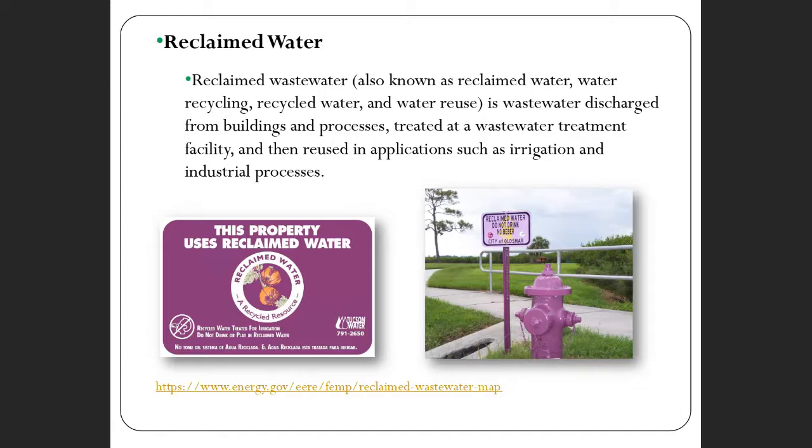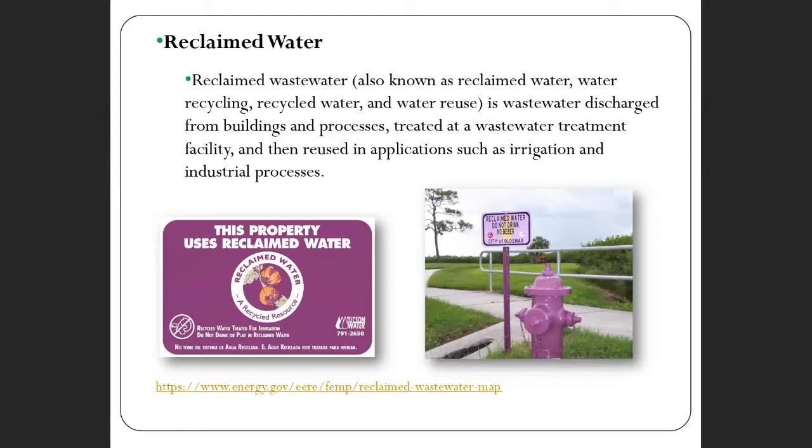One thing that is becoming more common in other parts of the country, we don't see it here yet, especially in Southern California. I think this sign here that I found on the web is from Tucson, Arizona. In some of these areas that are already experiencing water stress, they're taking reclaimed or recycled water.